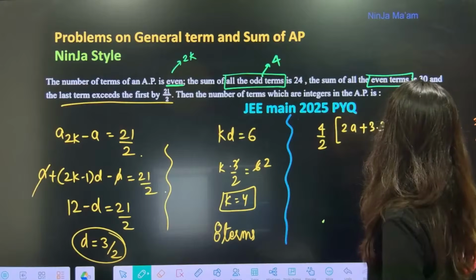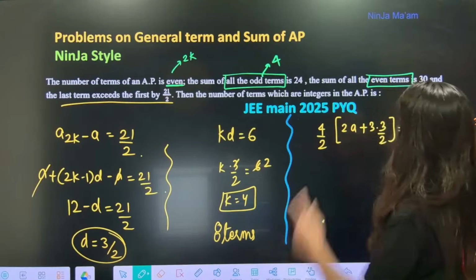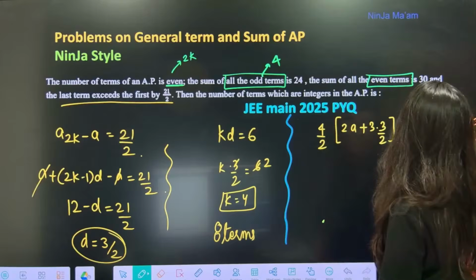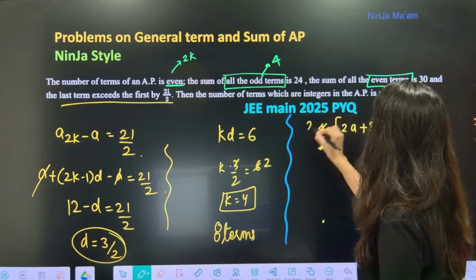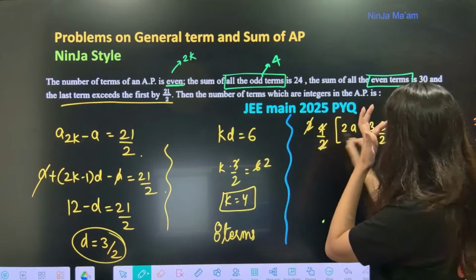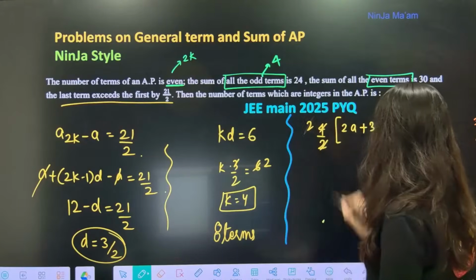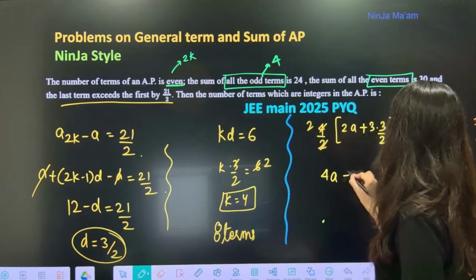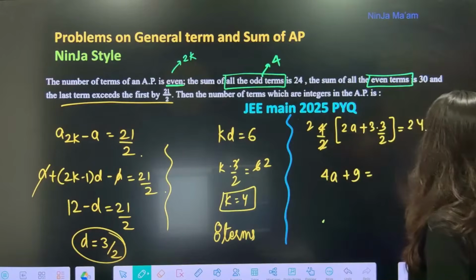And D is 3 by 2 is equals to what? Sum of odd terms 24. So now this is 2. If you multiply it inside, okay, let's multiply. 4A plus 9 is equals to 24.